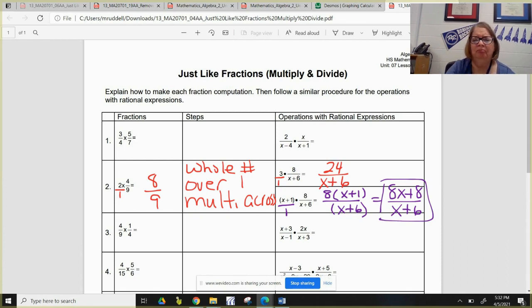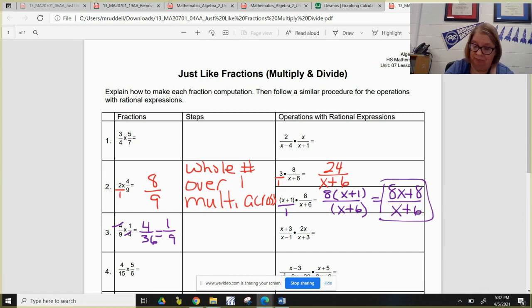Number 3. 4 times 1 over 9 times 4. There are 2 ways you can work this one. You can multiply across like we've been doing and get 4 over 36 and then reduce that to 1 over 9. Or you can cancel the 4s out first and just get that 1 over 9.